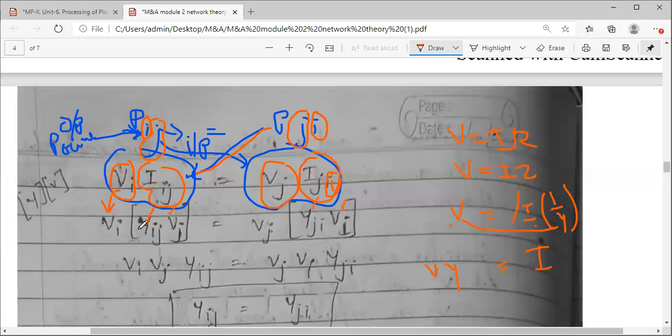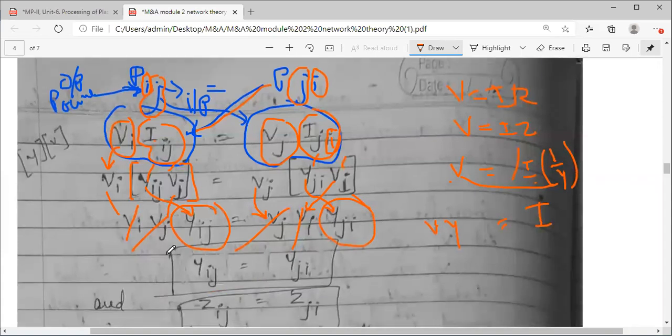Now what I can do further, if you simply remove these brackets which I have put, it is Vi, you have Vj, you have Yij, and this is Vj, you have Yji, this is Vi. So Vi and Vj cancel, you are left with Yij is equal to Yji, right?